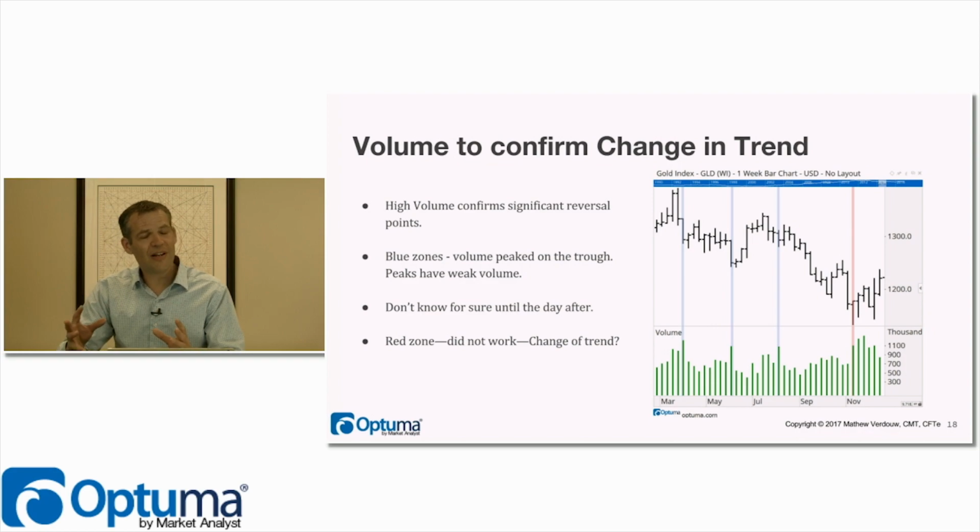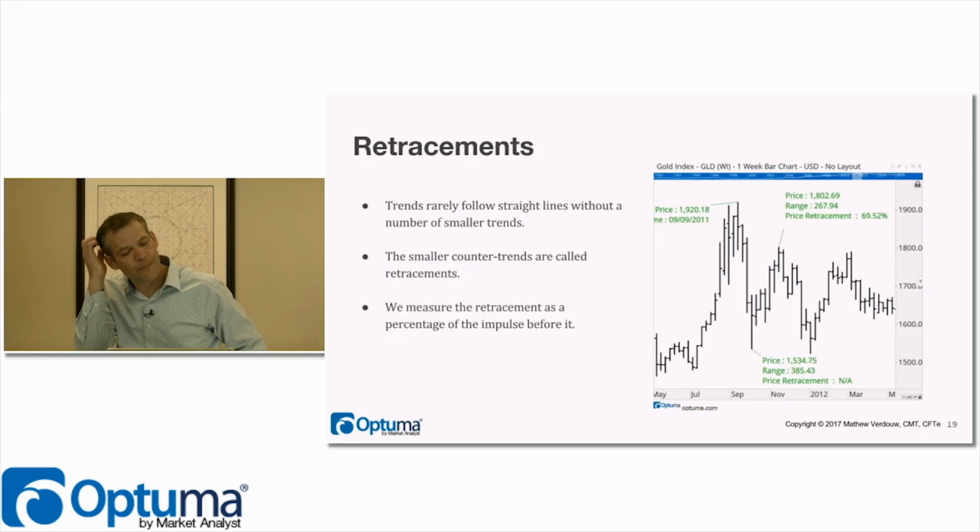Is it a change in trend? The aggressive trader, the aggressive analyst, would say, change in trend, volume's confirmed it, let's go. The more conservative would wait for confirmation or use some other signals to confirm that. But as I said, volume, very important, can be used to confirm those changes in trend.